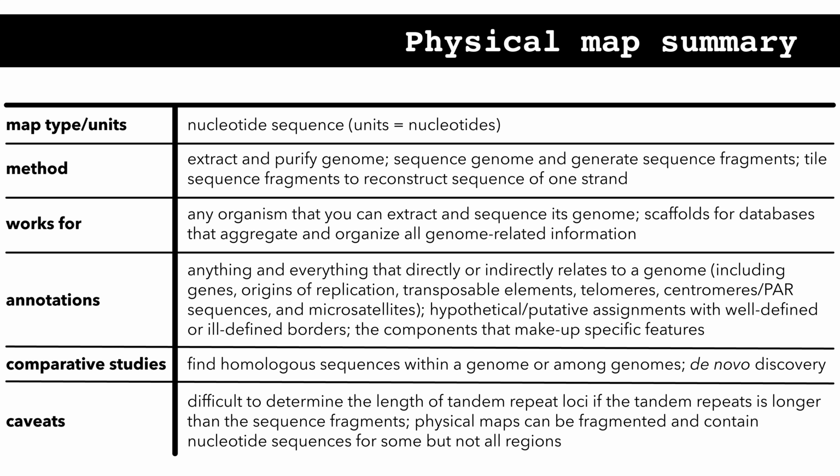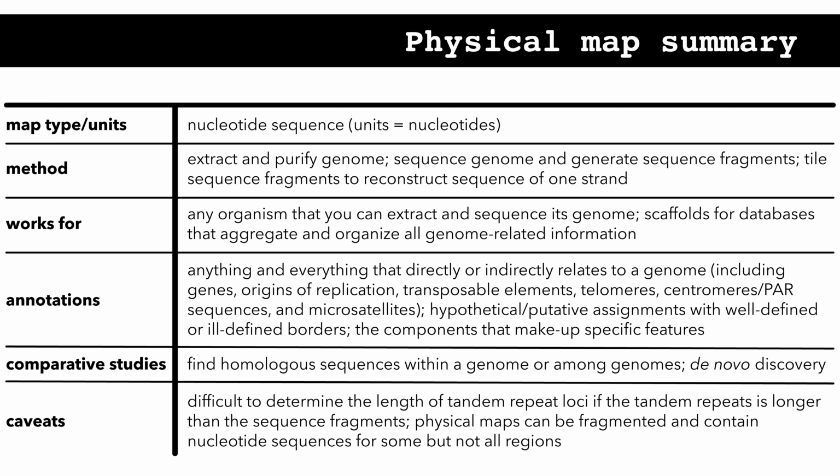Physical maps act as a platform for us to aggregate and organize all the information we have for a particular organism's genome. Using bioinformatic approaches, we can take what we know about the structure and function of a locus to identify where identical or similar sequences occur within a genome or different genomes. This allows us to transfer or extend our knowledge from one organism to another.